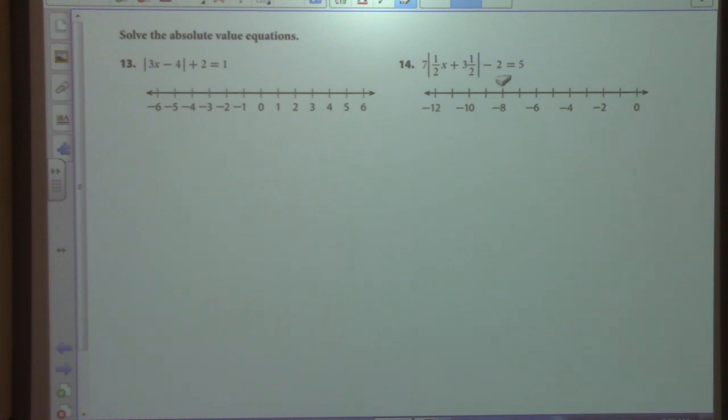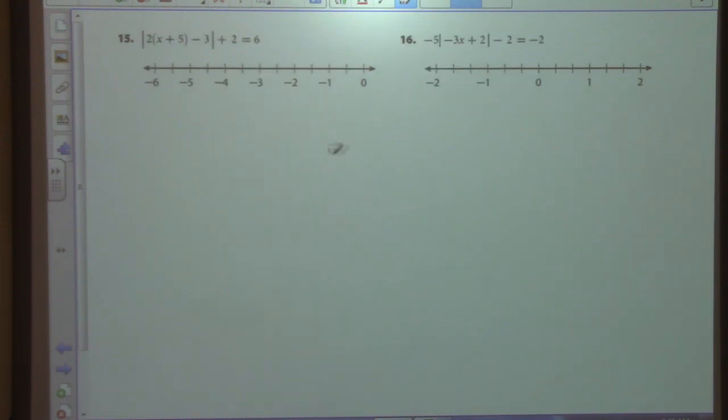What you do on this one here is you'll add 2, so you'll get 7 equals 7 times the bracket, divide by 7. So you get this bracket there equals 1. And then you'd set this equal to 1 and also equal to negative 1 and solve that one. So the fractions get a little dicey. You get minus 2. So we get 2 times x plus 5 minus 3 equals 4.